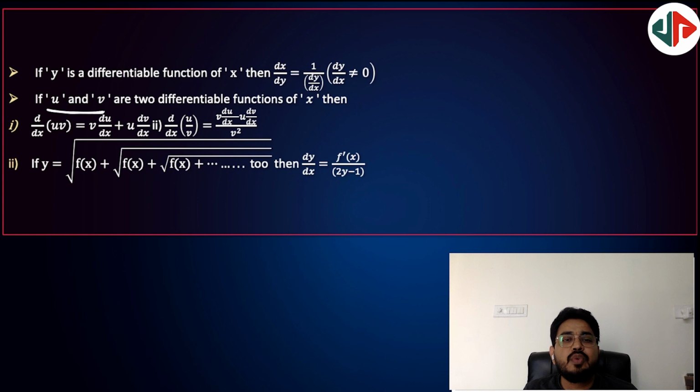U and V are two differentiable functions. Derivative of this one and U by V. So here important things I want to explain you. Once look at here.